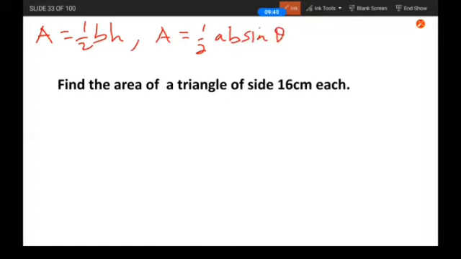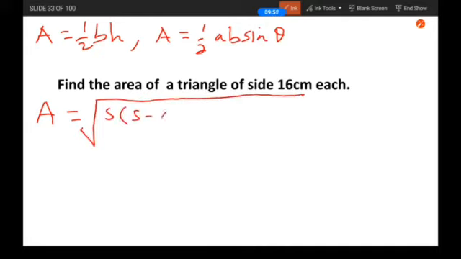The third one is what we have been given to solve here. So the area when 3 sides are given will be square root using the Hero's formula. S into S minus A, S minus B, and S minus C, where A, B, C are the sides of the triangle, and where S is what we call semi-perimeter.